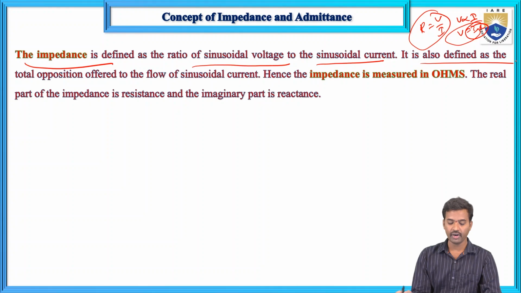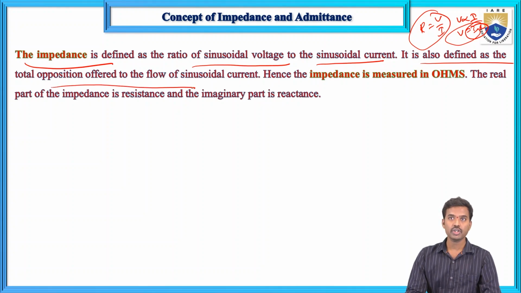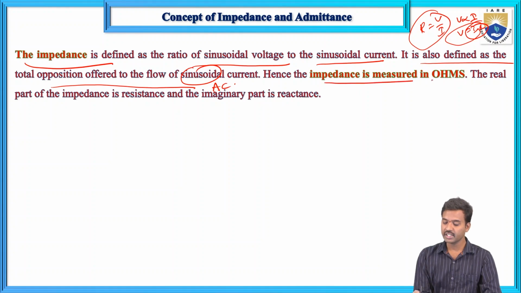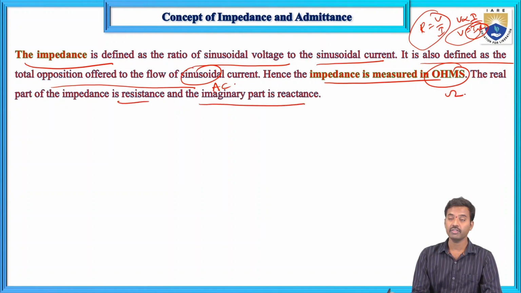It is also defined as the opposition which opposes the flow of AC current, that is sinusoidal current. Hence, impedance is measured in the same unit as resistance, ohms. The real part of the impedance is known as the resistance, and the imaginary part of the impedance is the reactance.